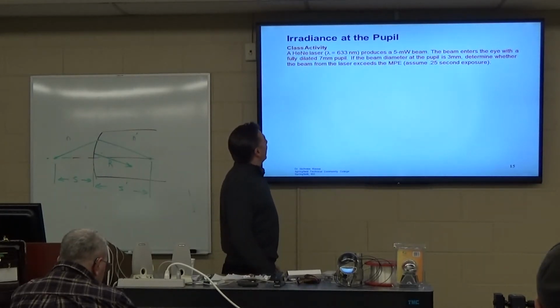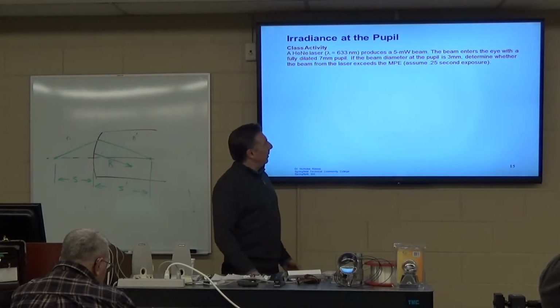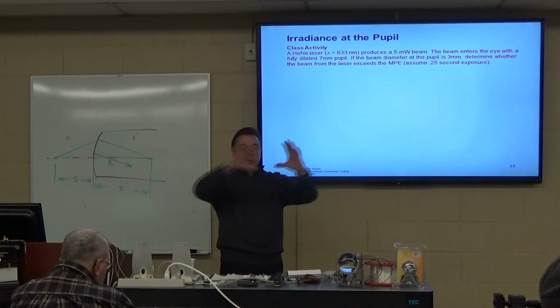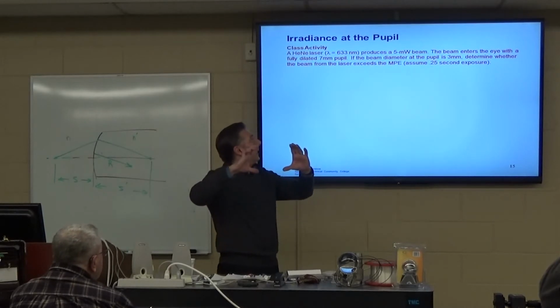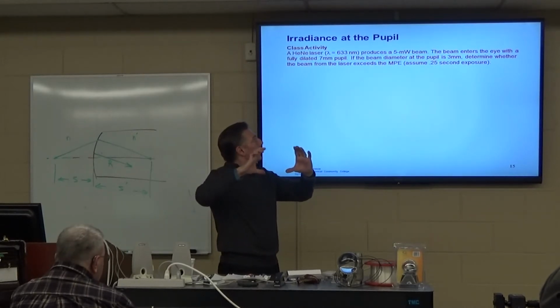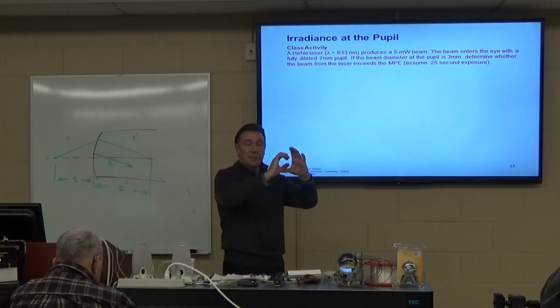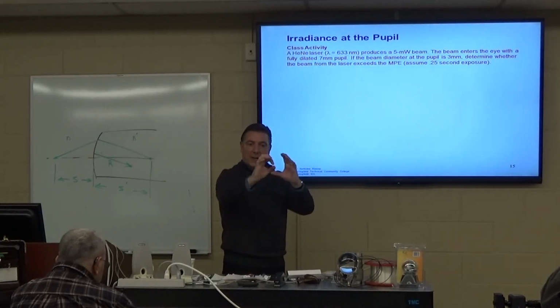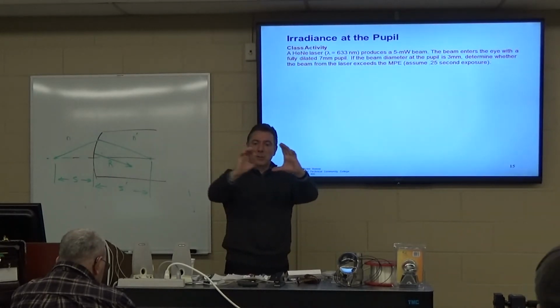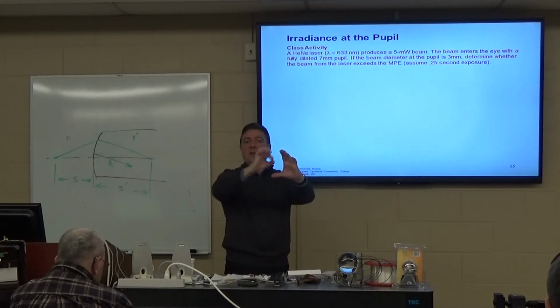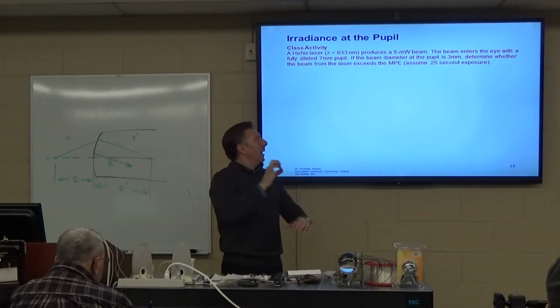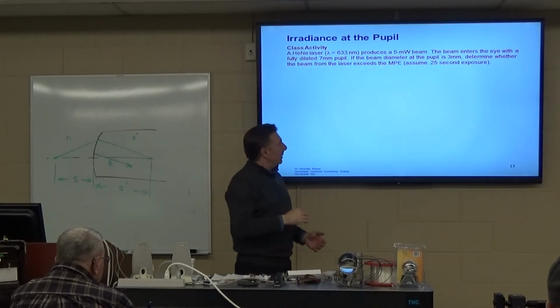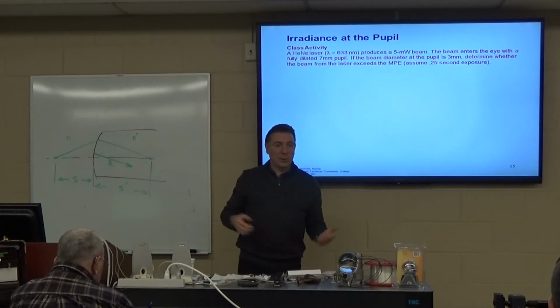The beam enters a human eye with a fully dilated 7 millimeter pupil. The beam diameter when it comes in is only 3 millimeters. So you have a 7 millimeter pupil and a 3 millimeter beam, so all of it's getting into your eye. Determine whether the beam can exceed that maximum permissible exposure.